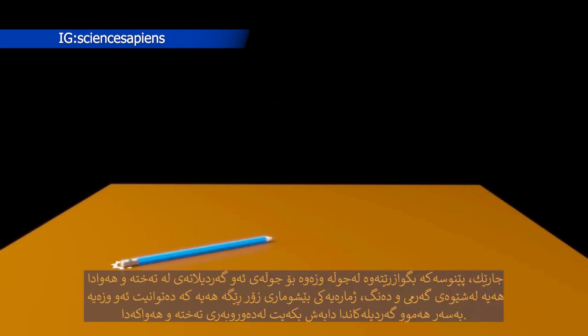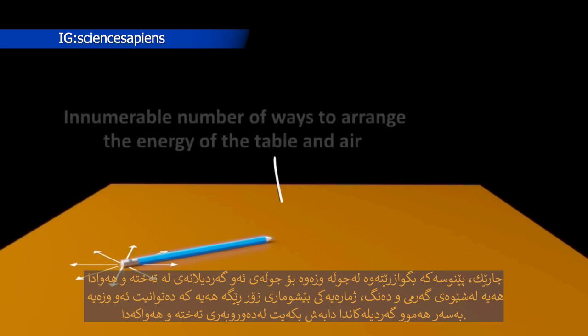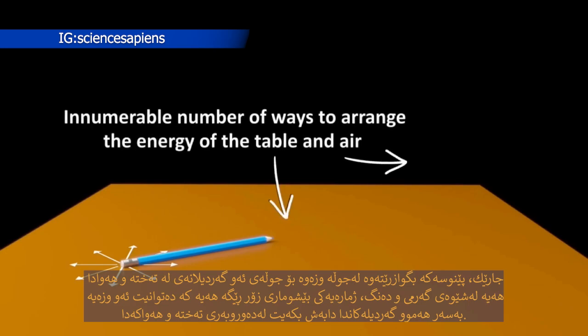Once the pencil has transferred this kinetic energy to the movement of atoms on the table and the air in the form of heat and sound, there is an innumerably large number of ways that you could divide up that energy among the atoms of the surrounding air and table.